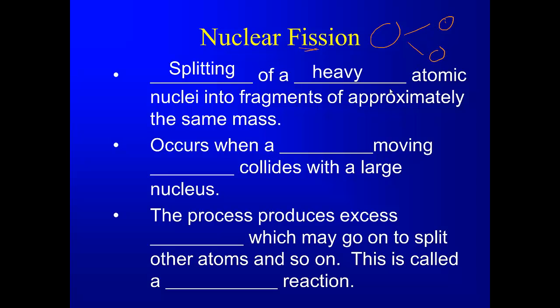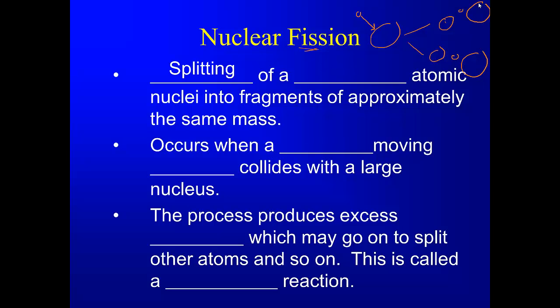That's fission. This happens when a slow moving neutron runs in. If it hits the nucleus with the right energy, it's going to split it and start the reaction. But what happens is I get more neutrons out, so they get to go hit some bigger ones.